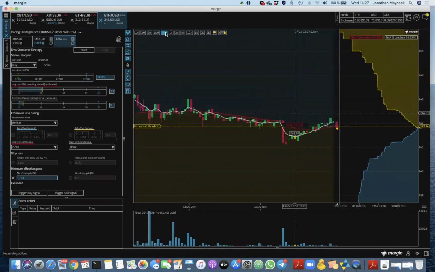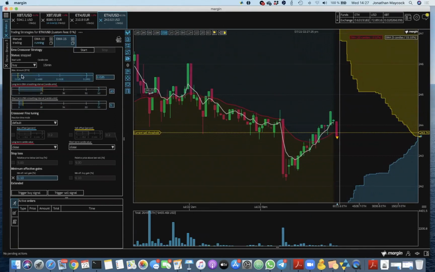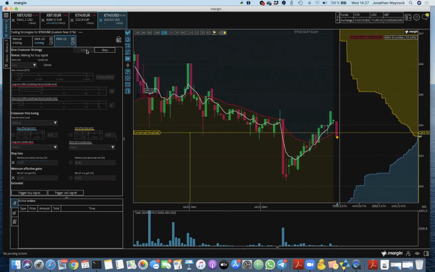Then I can go to the 15-minute candle. And then maybe I'm going to have a bot which buys this time. I set a stop loss and I start my bot. And now when I am in the 15-minute candle, I will see the parameters and the EMA lines for the 15 EMA 15 bot.